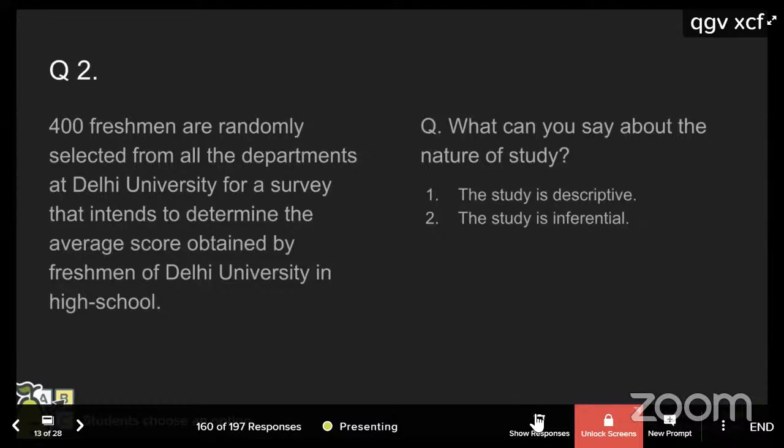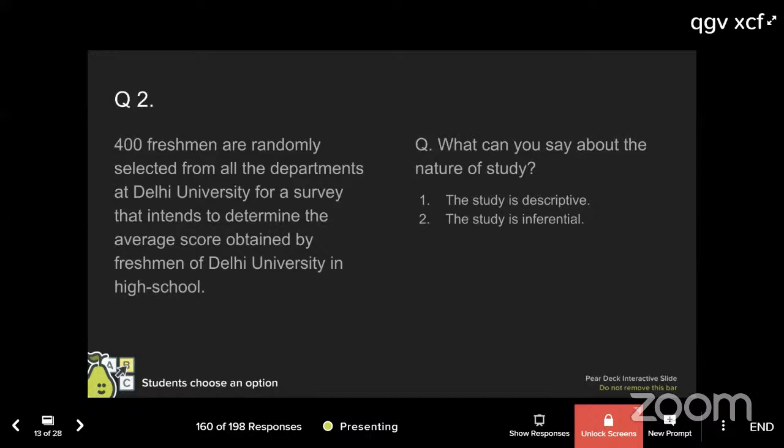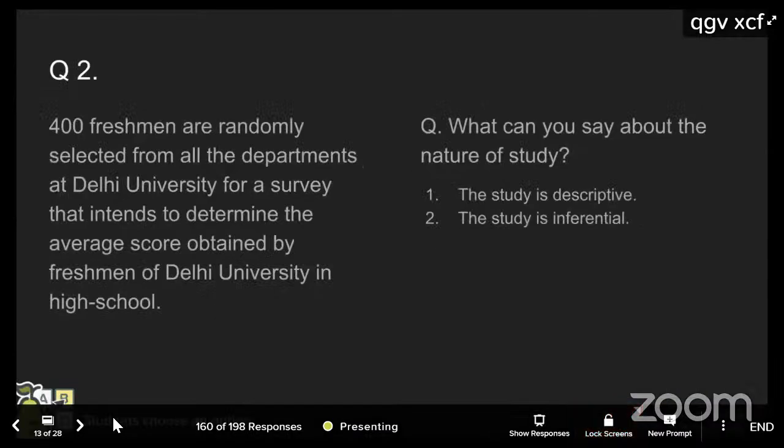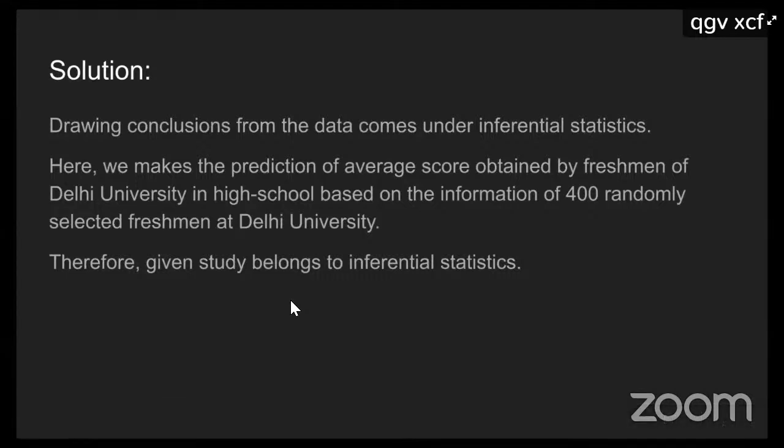Okay, so we can see the responses. 95 people are saying inferential and 65 are saying descriptive. See, drawing conclusions from the data comes under inferential statistics.